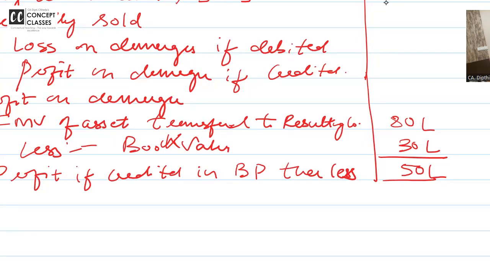In fact, I will record it only when I sell the asset, in the case of the resulting company. Okay? If needed, we will surely do a problem for this part.